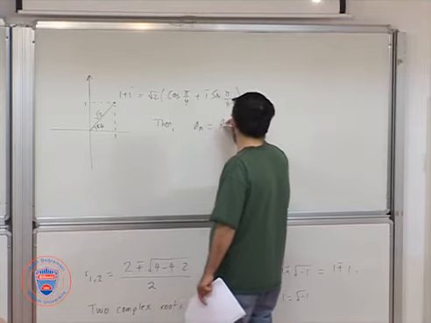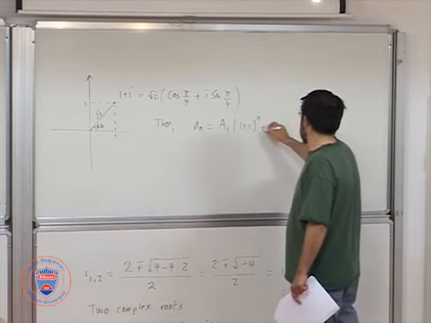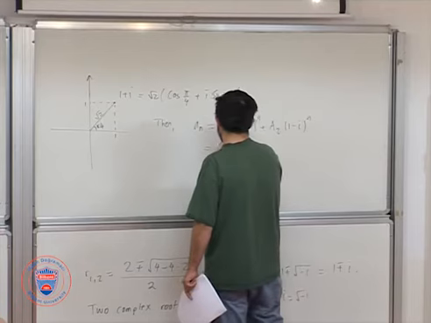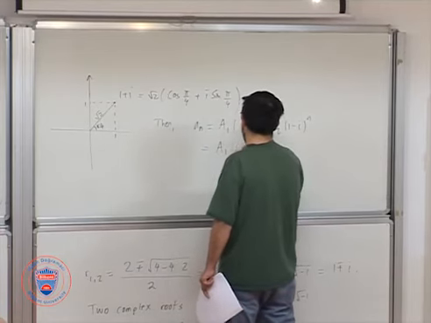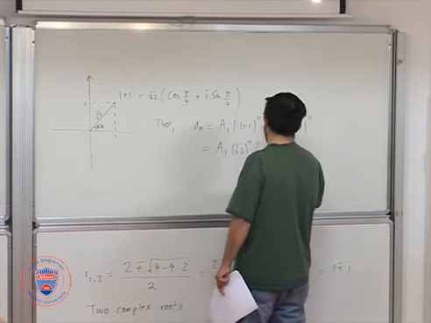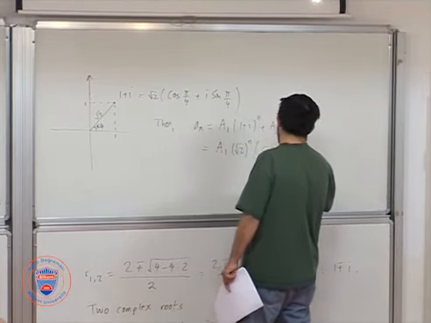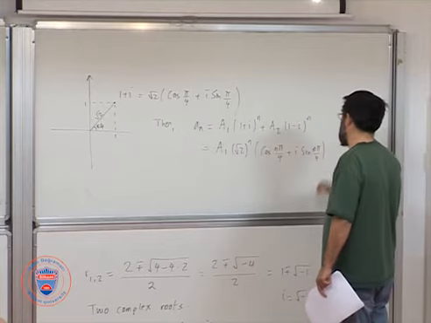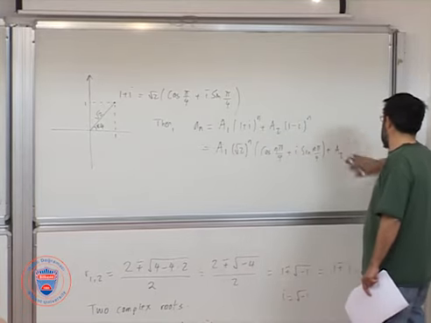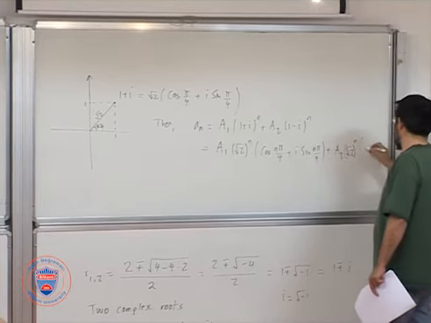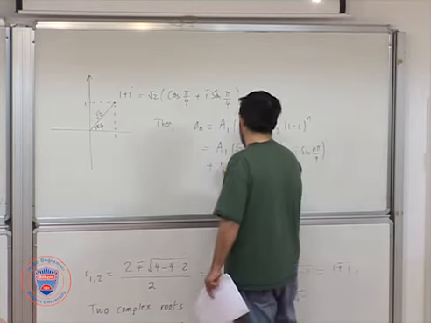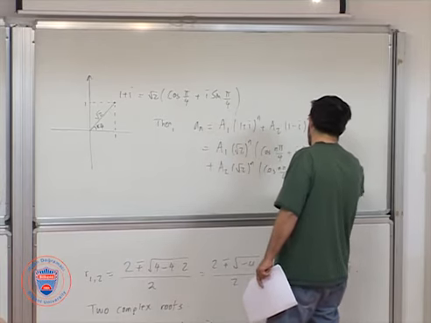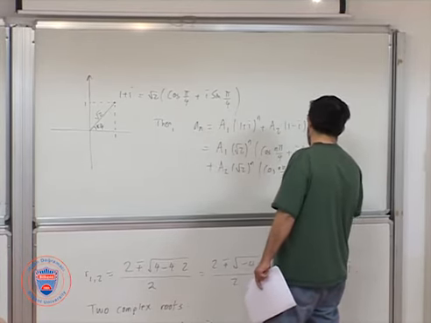So this general form becomes this: a1 times square root of 2 to the power n, cosine n pi over 4 plus i sine n pi over 4, plus a2 times square root of 2 to the n, cosine n pi over 4 minus i sine n pi over 4.